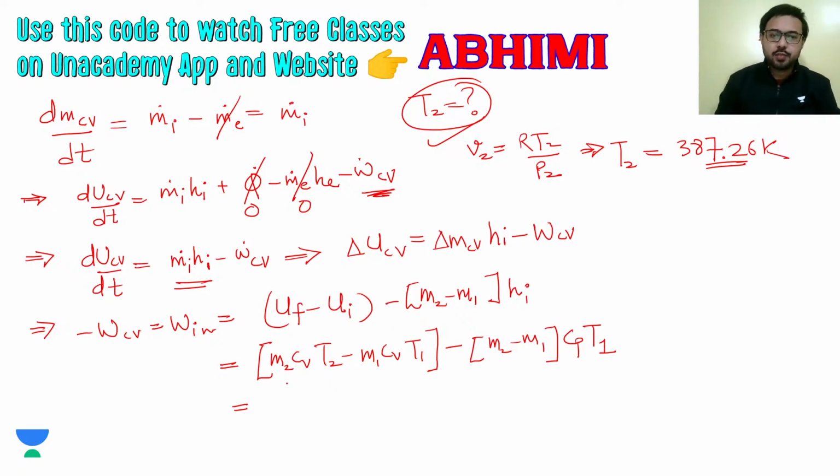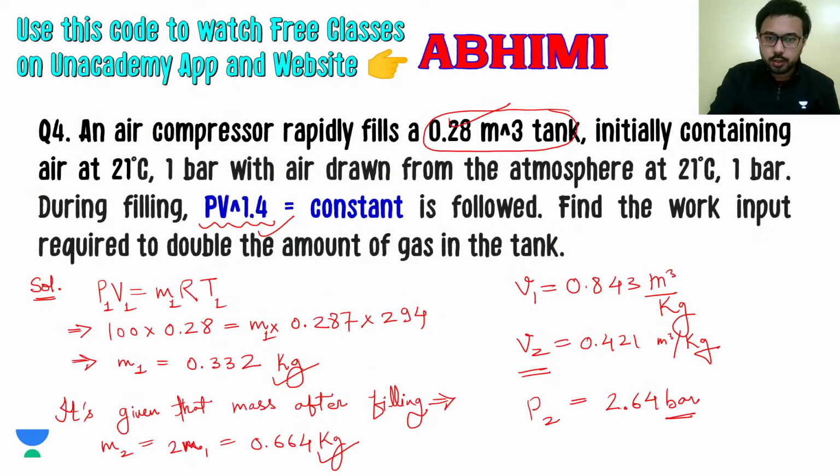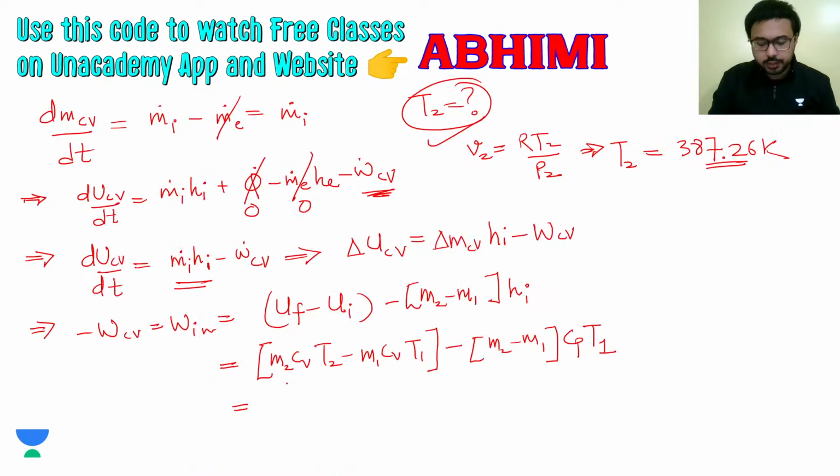So let's find this final answer. M2 Cv will be, M2 is 0.664 into Cv. We have to find this final answer in kilojoules. Work input is not given in any unit, but we will find it in kilojoules.